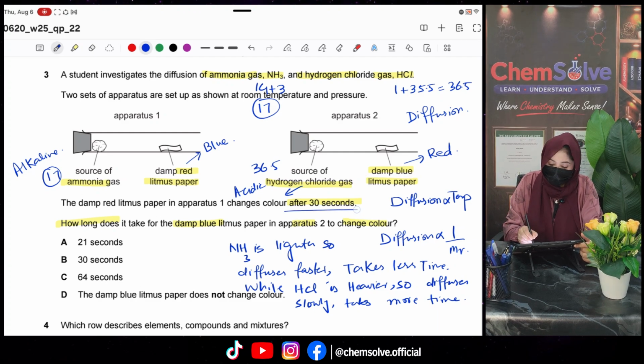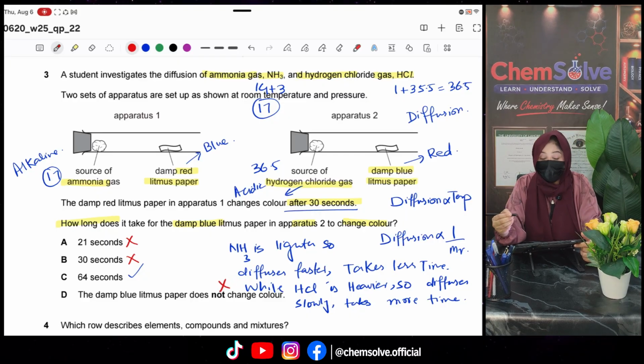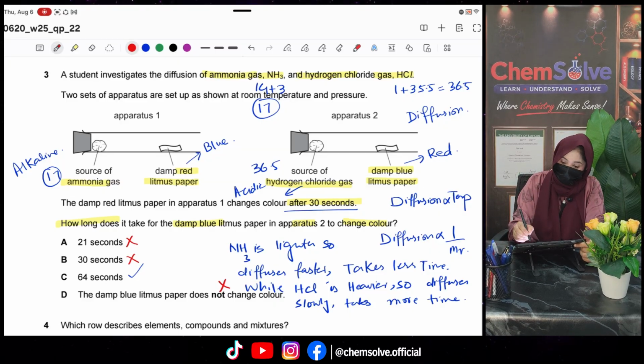So if the lighter gas is taking 30 seconds, it means 21 seconds is not our option. We have to choose something that is more than 30 seconds. Again, 30 seconds is not an option. So I think 64 is the best option here, because option D says that it will not change color, while it will change its color. Why? Because HCl is an acidic gas, and it will change the color from blue to red. That's why I believe option C is the correct one.